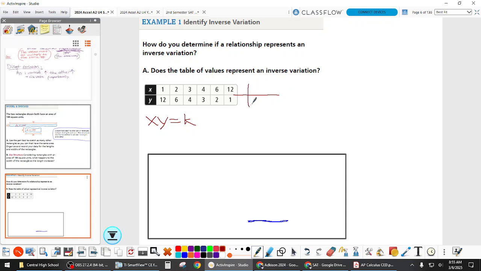Maybe another couple, 24 and 25. 0.33333. Okay, you get the idea. It always has to equal 12. As one thing goes up, the other goes down proportionally.